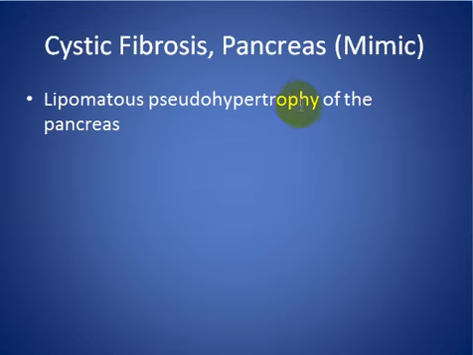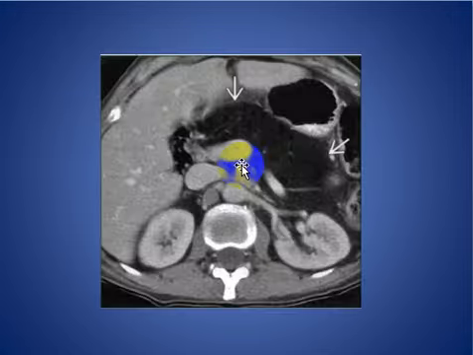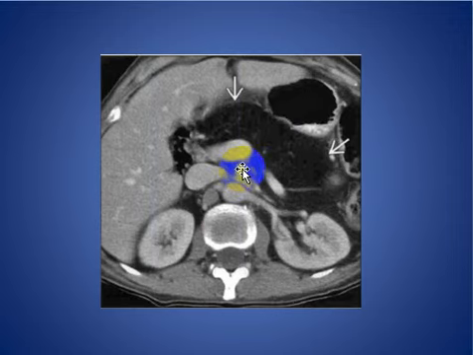Cystic fibrosis of the pancreas, and we see lipomatous pseudohypertrophy of the pancreas, as in this patient, with the pancreas completely replaced by fat in a patient with cystic fibrosis.